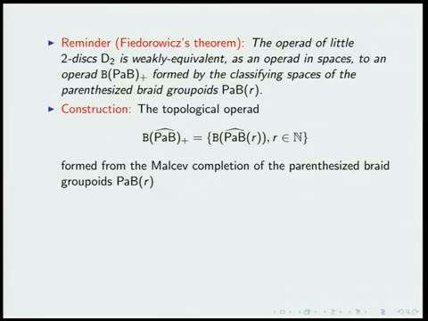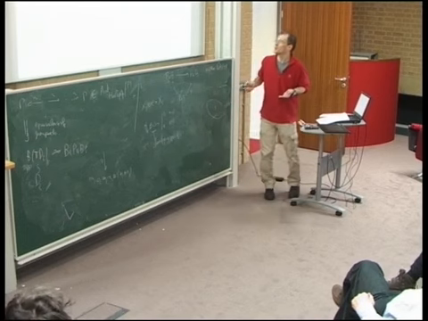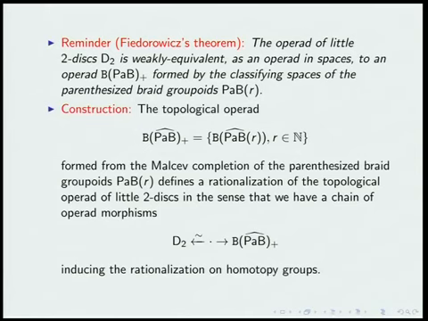What I get is another operad in topological spaces. And this is in some sense a rationalization of the little two-disk operad. So rationalization means that you have a chain of morphisms of operads in topological spaces that induce the rationalization of the homotopy groups.